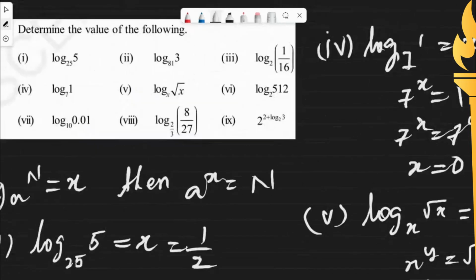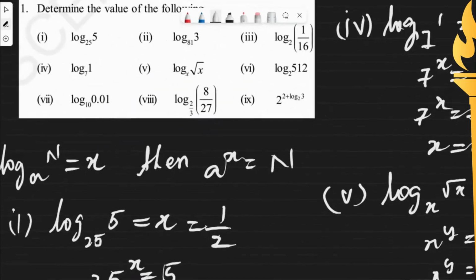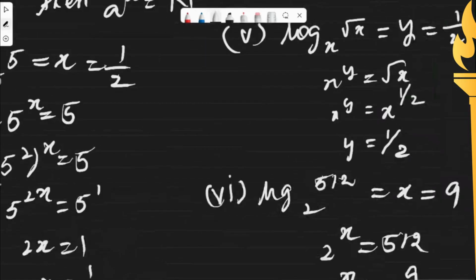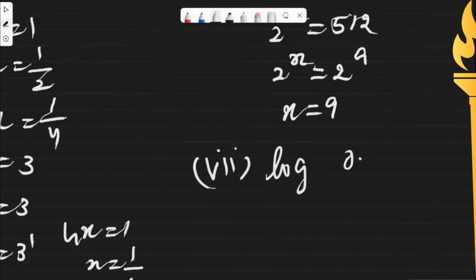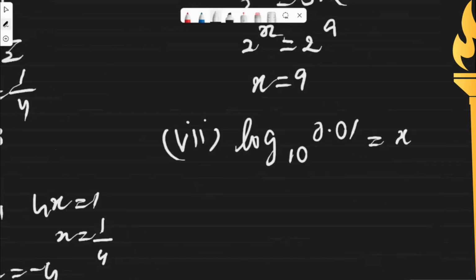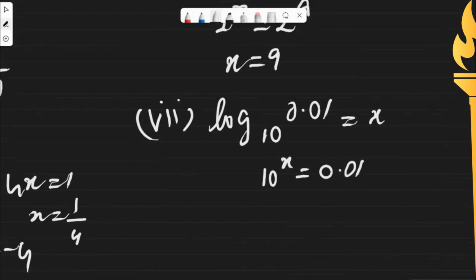Next, what do we have? Seventh one, we have log 0.01 to the base 10. Let it be equal to x. 10 power x will be equal to 0.01. And 0.01 can be written as 1 by 100.